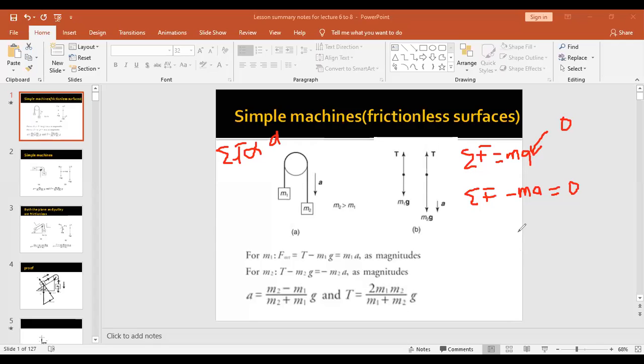Then under conditions of equilibrium, your acceleration here is going to be equal to 0, because once there's equilibrium, that means the net forces cancel out. So there is no acceleration of the system. Okay, so once a is equal to 0, then we are going to get the equation sum of F is equal to 0.